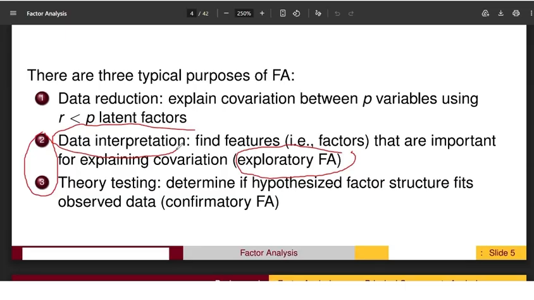Then confirmatory factor analysis is the one that involves hypothesis testing. We're trying to determine if the hypothesized factor structure that we have actually fits the observed data.